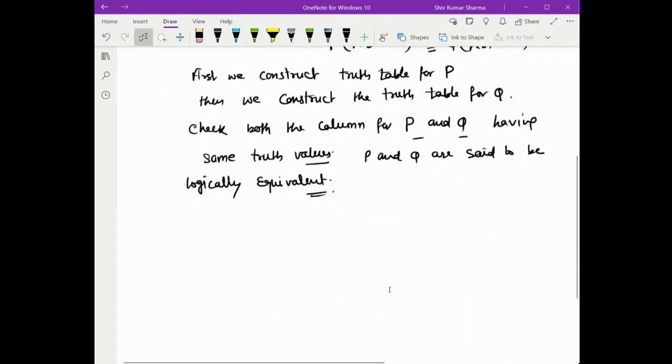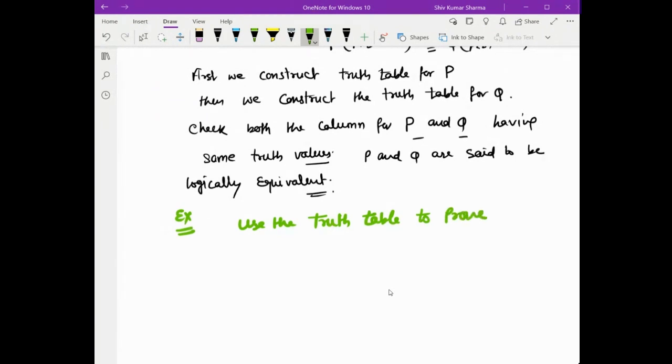So we take an example. Use the truth table to prove that P or (Q and R) is logically equivalent to (P or Q) and (P or R).